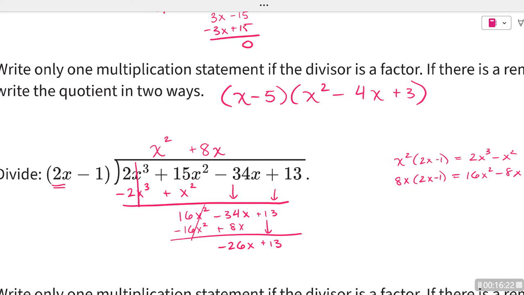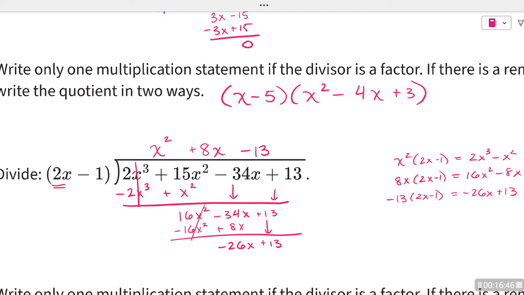Okay, so negative 26x and 2x. We already have the x's, so we just need to think, 2 times what gives us that negative 26, and that would be a negative 13. So let's start with our negative 13 actually. Negative 13 times 2x minus 1 gives us negative 26x plus 13.